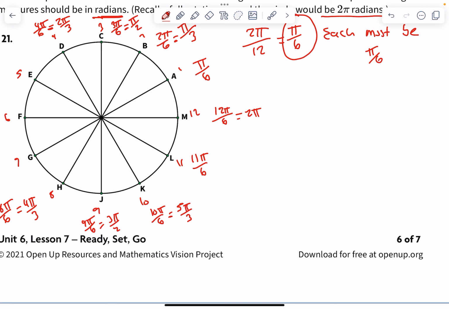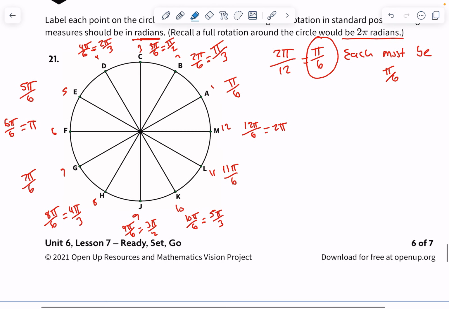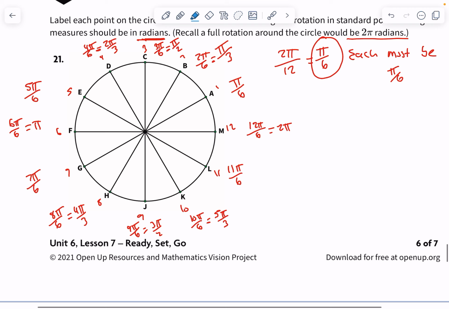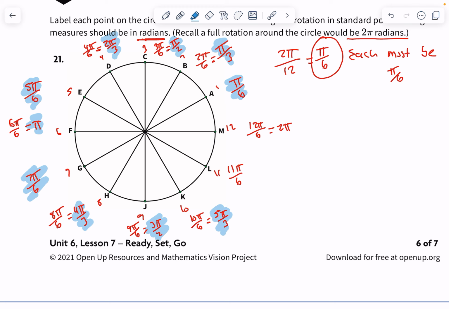Okay, so we did it. Hooray. So we start out at pi over 6, pi over 3, pi over 2, 2 pi over 3, 5 pi over 6, pi, 7 pi over 6, 4 pi over 3, 3 pi over 2, 5 pi over 3, 11 pi over 6, and 2 pi.